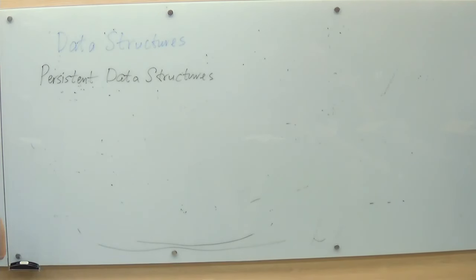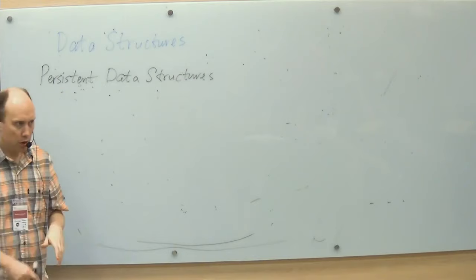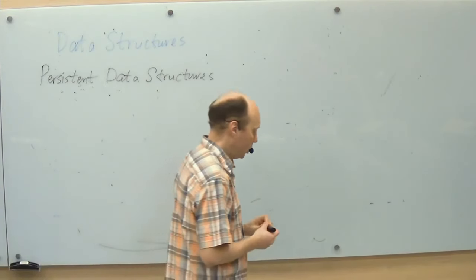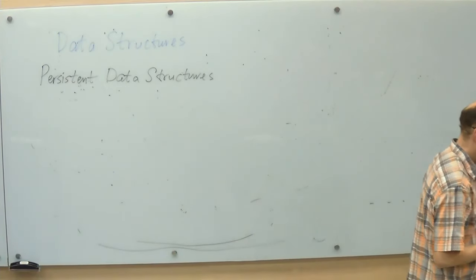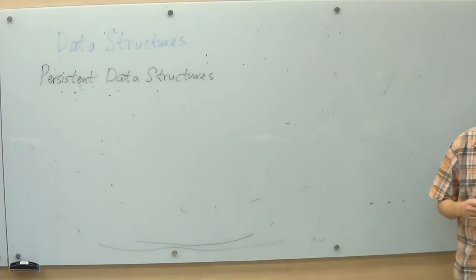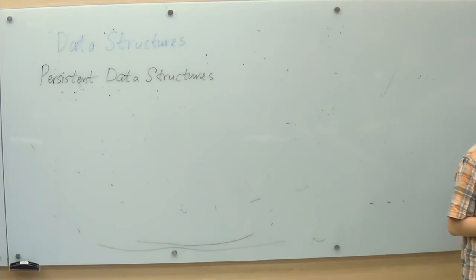So what is the idea behind persistent data structures? Persistent data structures are data structures that keep their previous revisions. So when you modify your data structure, you can still access previous revisions of your data structure.